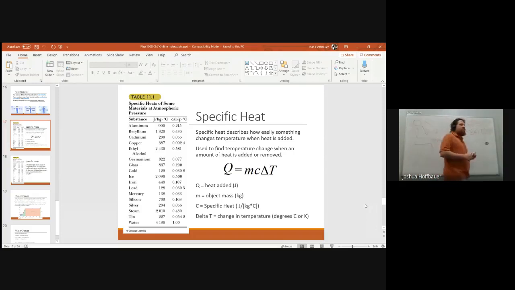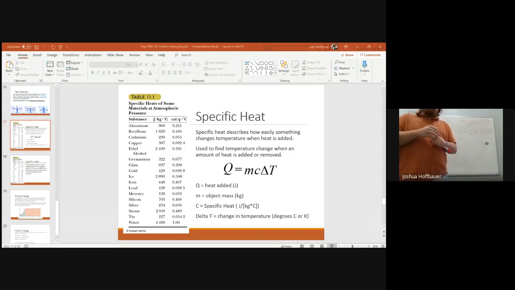Different types of materials need different amounts of thermal energy to change their temperatures. There is a specific table, a chart on slide 17. And I want you to pay close attention mostly to the first column, which lists the type of substance being examined, and the second column, which lists the specific heat in terms of joules per kilogram per degree Celsius.